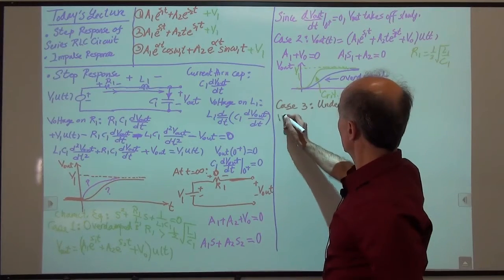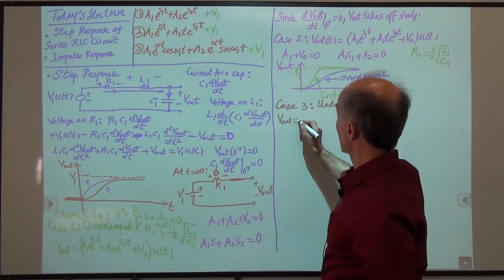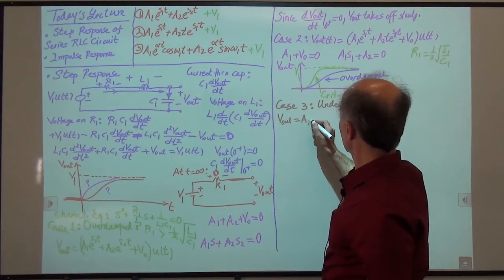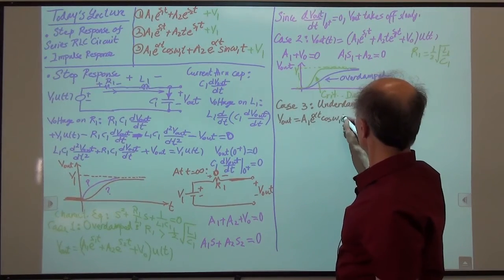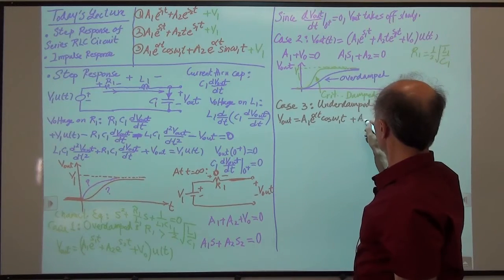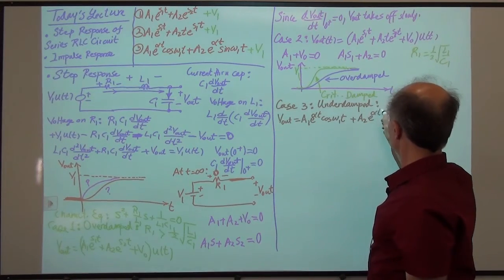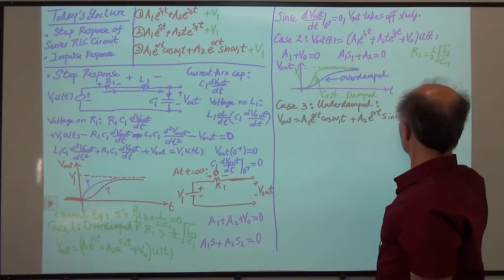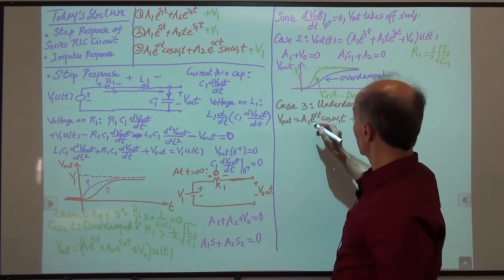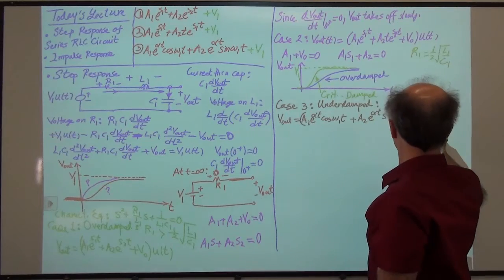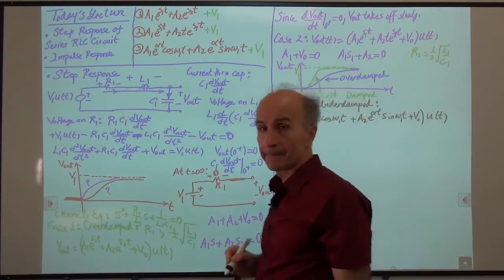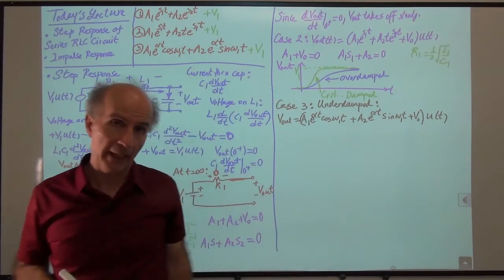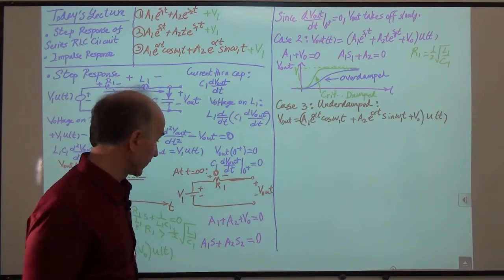So we say V out is equal to A1 e to the alpha t cosine of omega 1t plus A2 e to the alpha t sine of omega 1t plus V0. We still take a u of t, right? So this whole thing has to multiply by u of t. All right, and alpha and omega 1 are known, right?